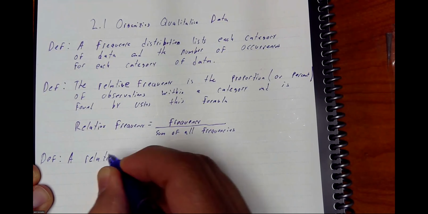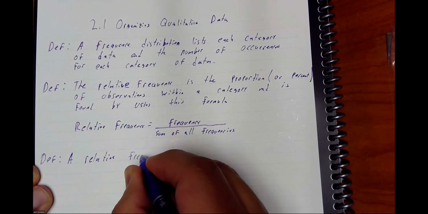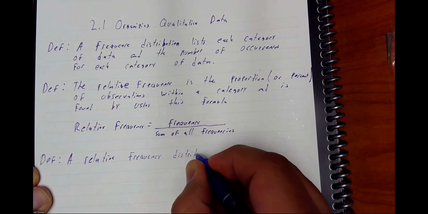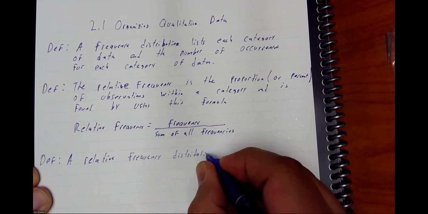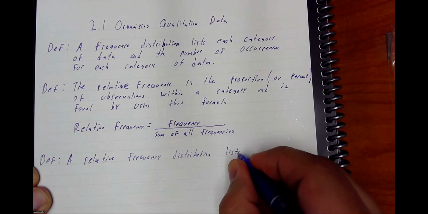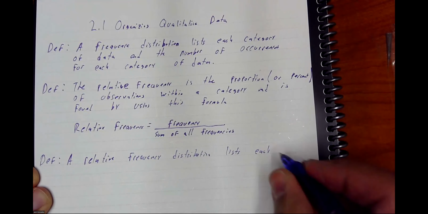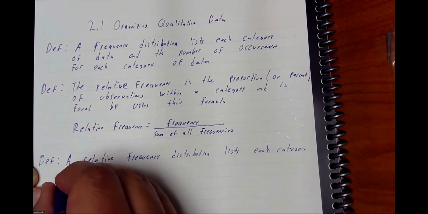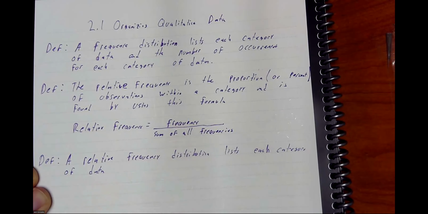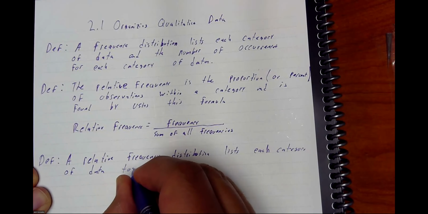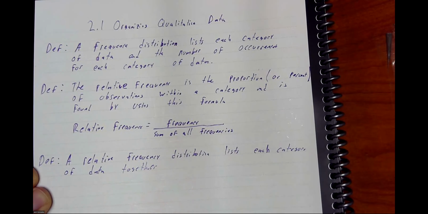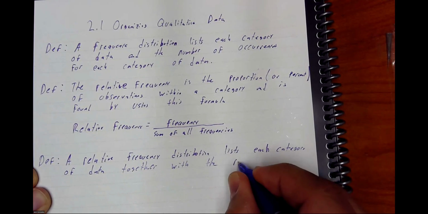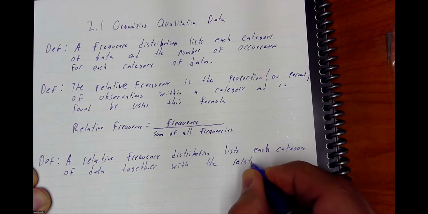A relative frequency distribution lists each category of data together with the relative frequency.